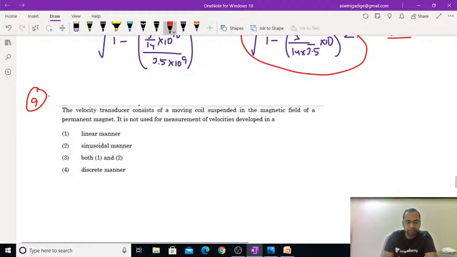Ninth question. The velocity transducer consists of a moving coil suspended in the magnetic field of a permanent magnet. It is not used for the measurement of velocities developed in a... That means usually the velocity transducers will be like this, guys.